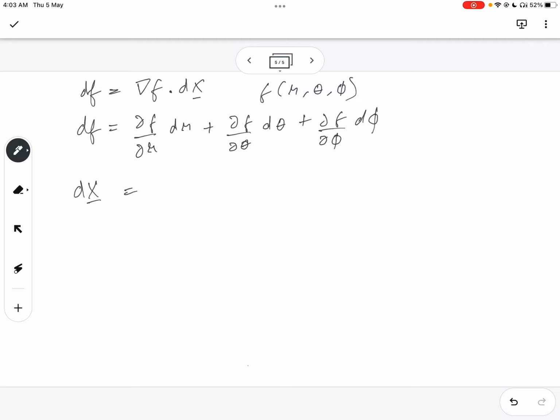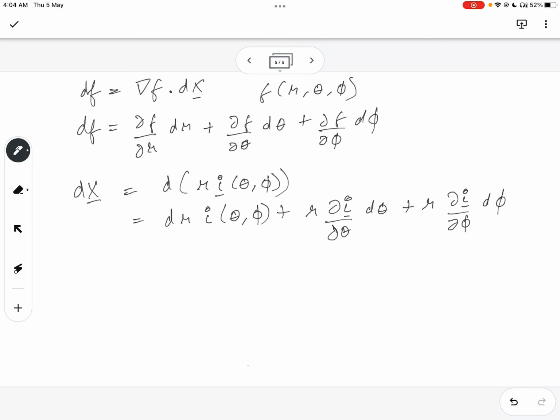The expression of x is given that it is r I(theta, phi). So this is dr I(theta, phi) plus r del I by del theta d theta plus r del I by del phi d phi.